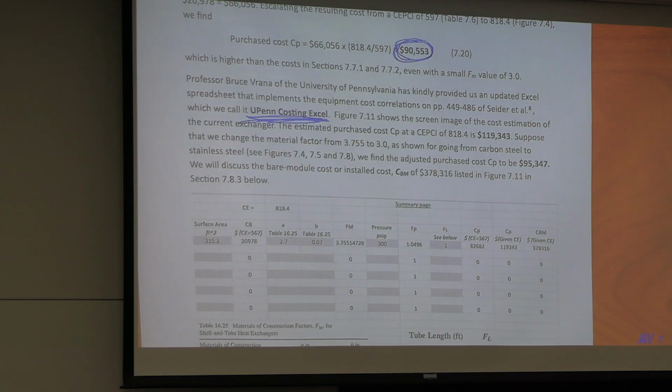I have it. Where is the file? Name. Yeah, here it is. Did I send it to you? Okay.